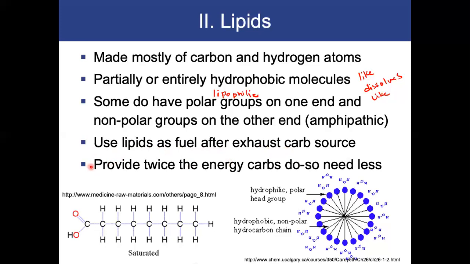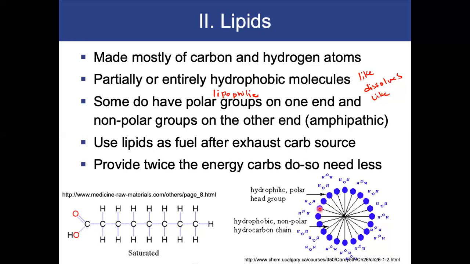If I haven't talked about it yet, you know that carbs give you 4 calories per 1 gram of carb, and fats give you 9 calories per 1 gram of fats. And so fats give you twice the energy, so you don't need to have a lot of them in your diet.